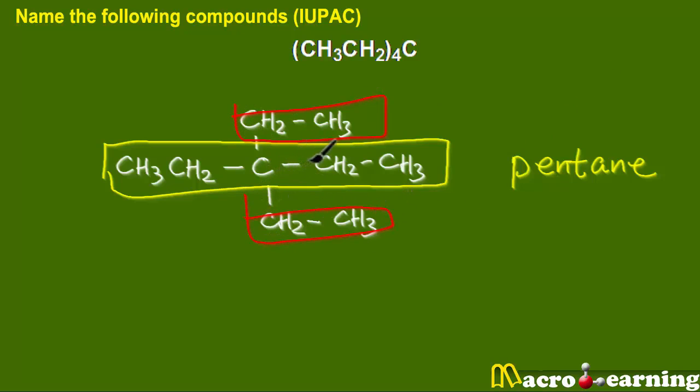The numbering is that both are on the third carbon, whichever way you choose to start the numbering from. So the name would be simply 3,3, 2 ethyl groups, so it's diethylpentane.